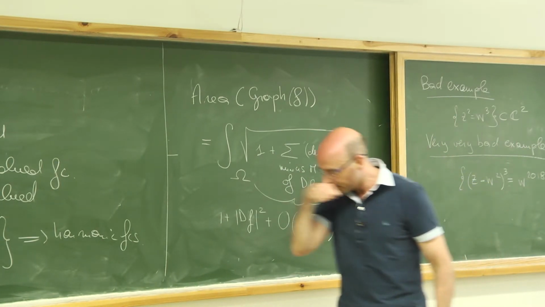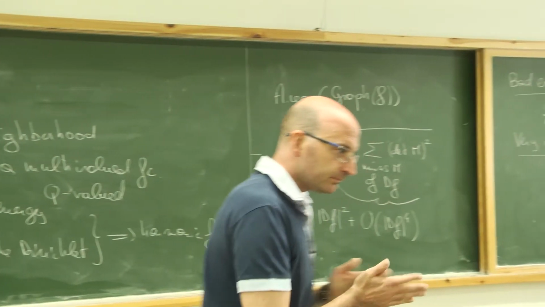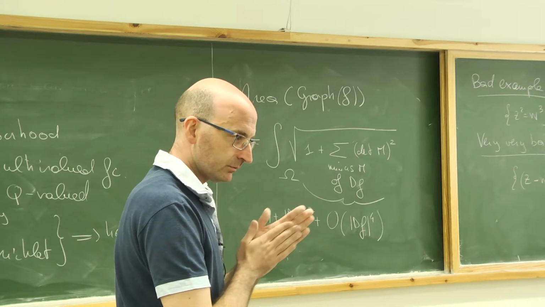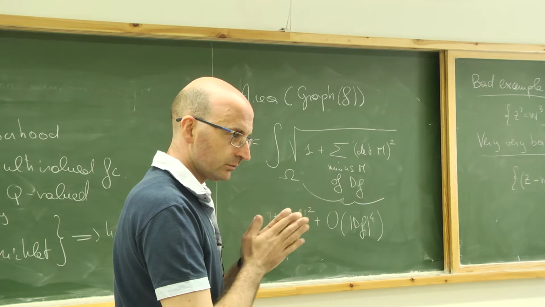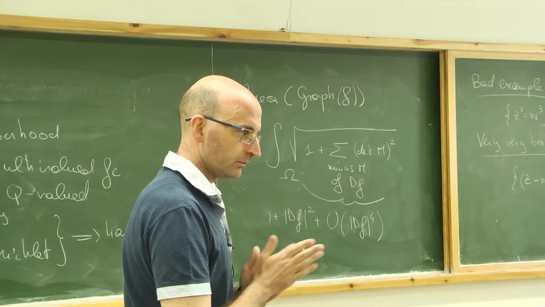Okay? So, I have a question. So when you are saying a multi-valued function, can you think about it as simply just a function to R^Q, or you are looking at it like in complex analysis really?